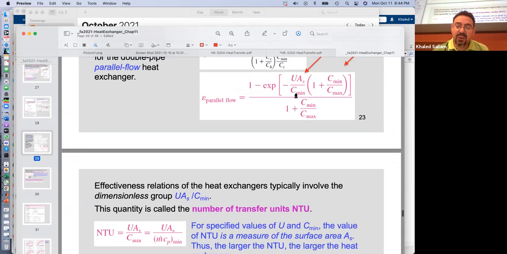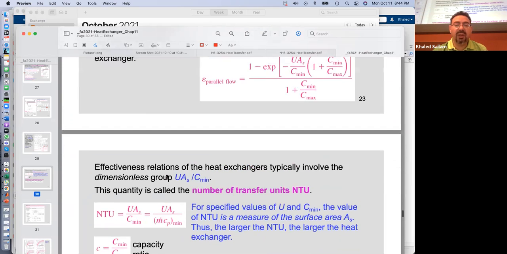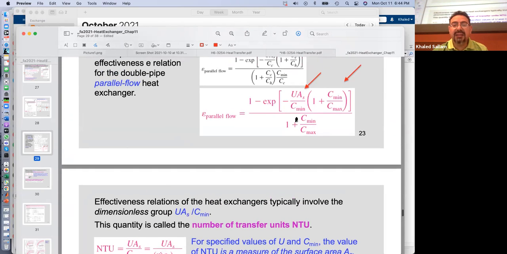So the first thing is UA over C min. UA over C min is called the number of transfer units. When you think about it, this is the term that tells you how close your epsilon is to 1.